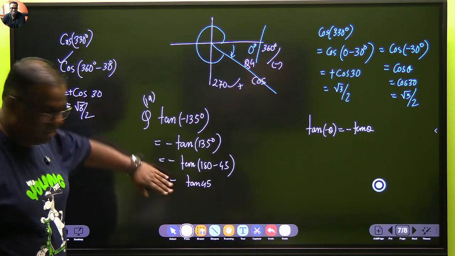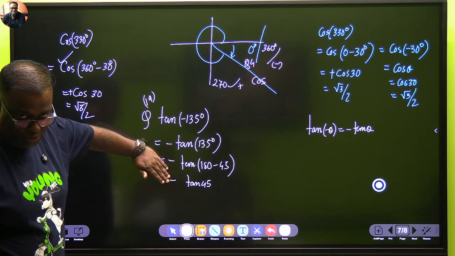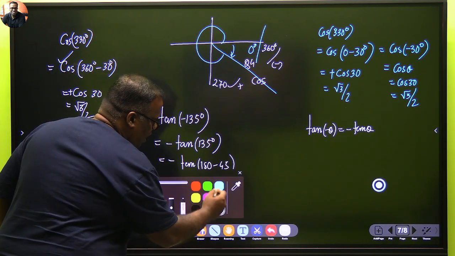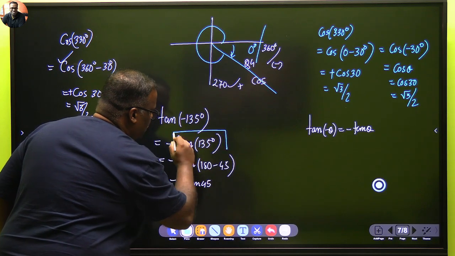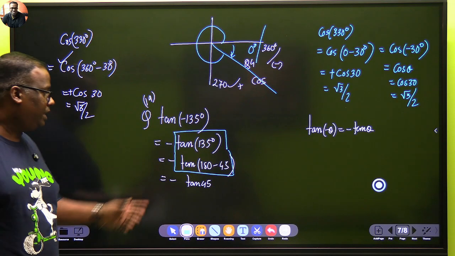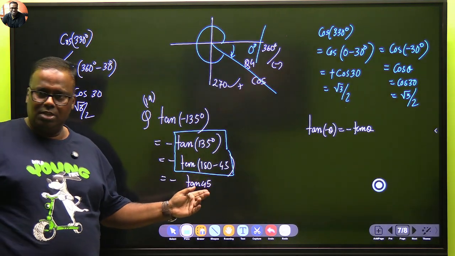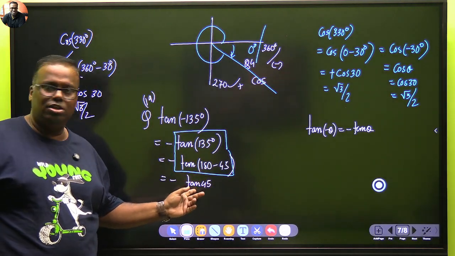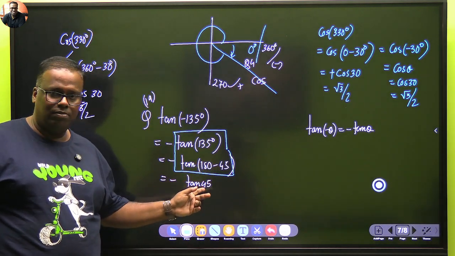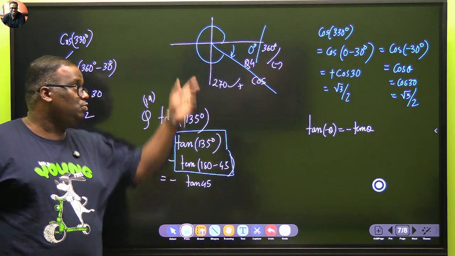Don't look at this minus for the time being. I want you to focus only on this part of the problem. Tan of 180, is 180 a sleeping line? Yes, so the function remains as tan. 45 comes as 45. 180 minus 45 means which quadrant?